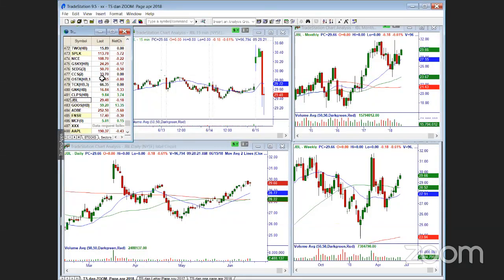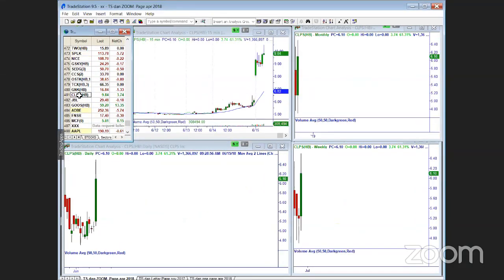Jabil had earnings and it's a pre-market mess. This one, CLPS, I'm going to add to my dance card, recent IPO, rounding bottom here, wide range bar. It's gapping up again, unfortunately, making it untradeable. But anywhere in this area on the daily would have been a fantastic entry, but the gap's messing us up.